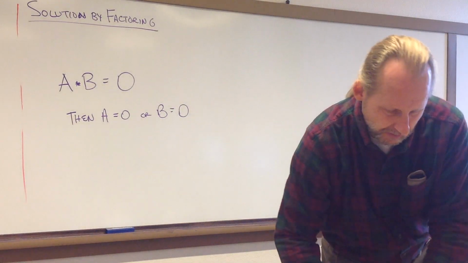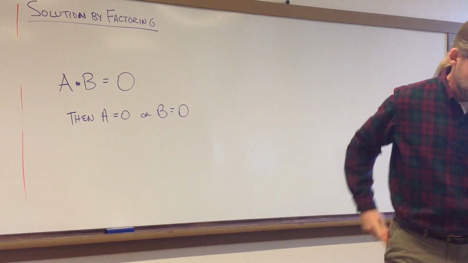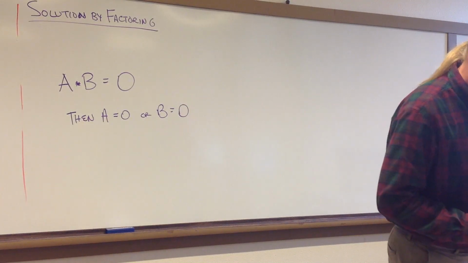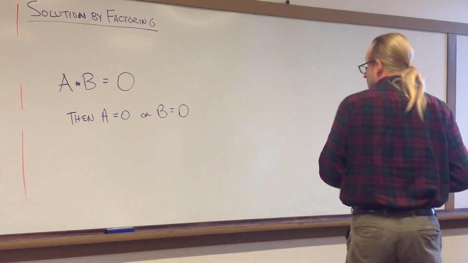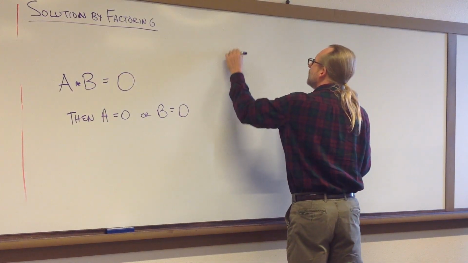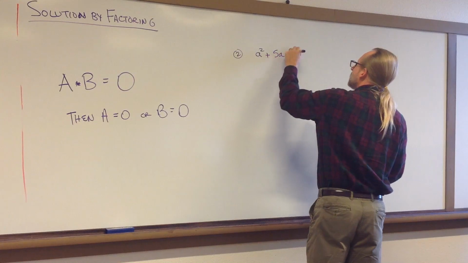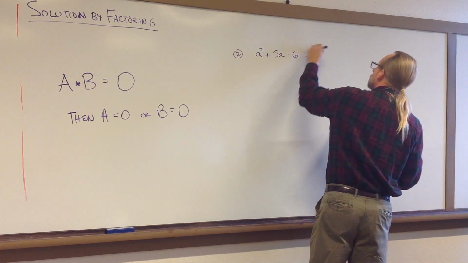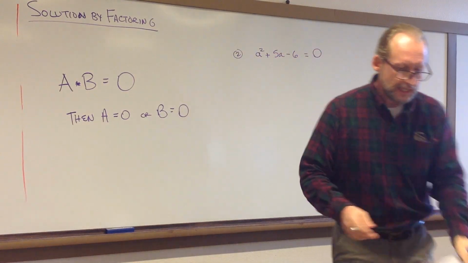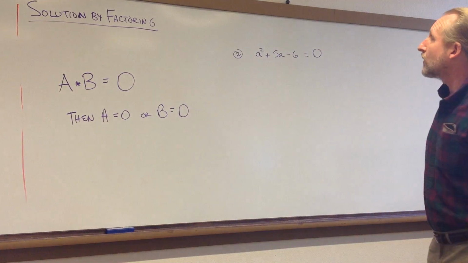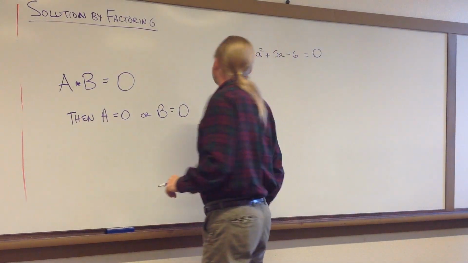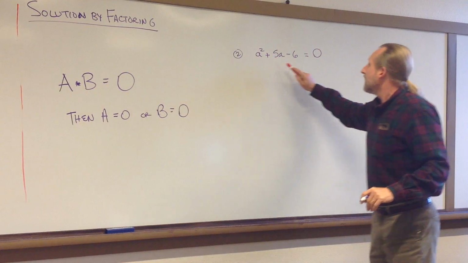So, to apply that to the quadratic equations, let's say we have problem 2. We've got a squared plus 5a minus 6 equals 0. So the first thing is make sure that your equation is in standard form, okay?